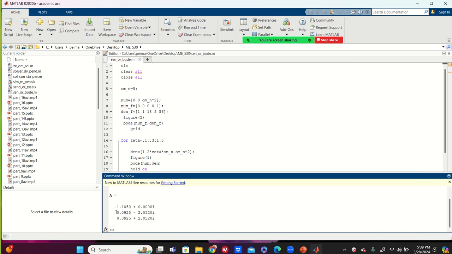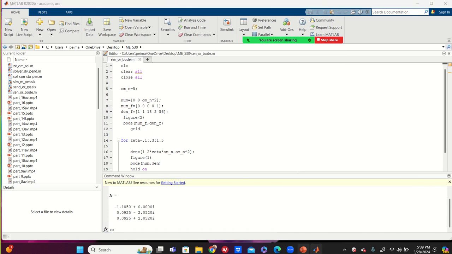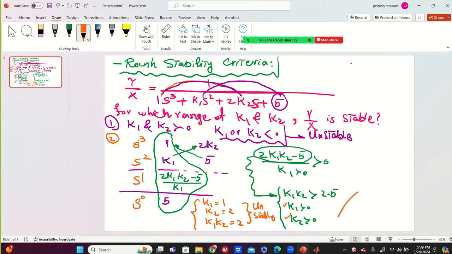So it has a pair of complex conjugate poles in the right-hand side, plus 0.0925. See that I selected the K1 and K2 which do not satisfy this stability condition, and you're going to have this. You have this pole, a pair of these. What was the other one?